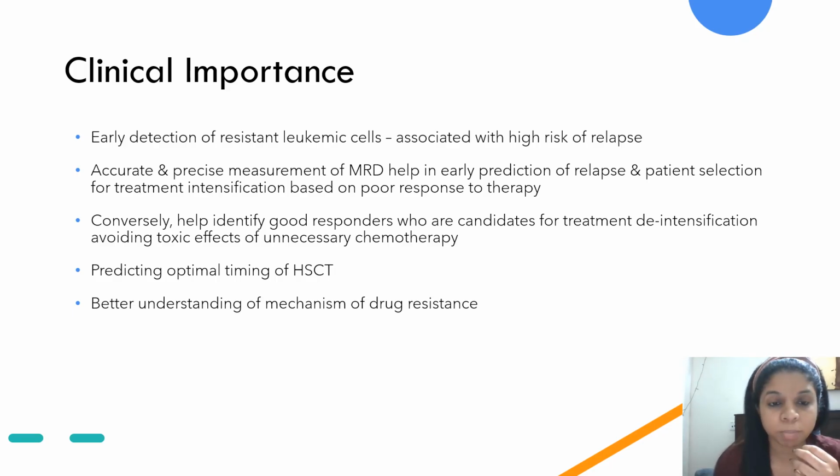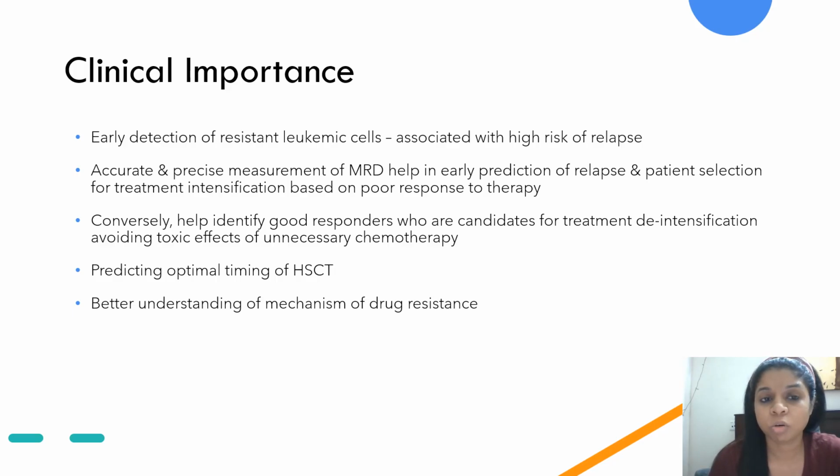Then accurate and precise measurement of MRD helps in early prediction of relapse and patient selection for treatment intensification based on poor response to therapy. So I said accurate and precise measurement of MRD helps in early prediction of relapse.